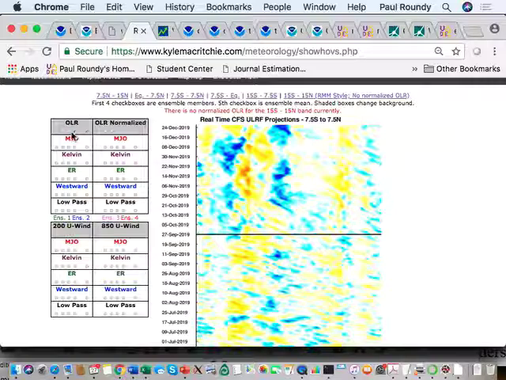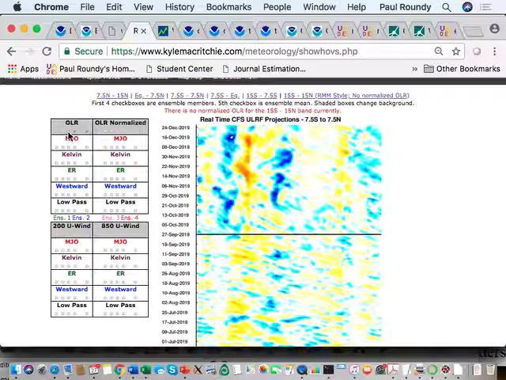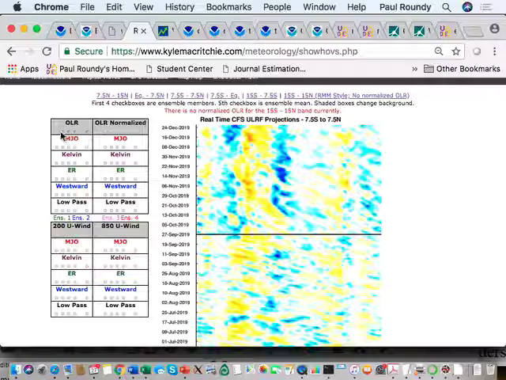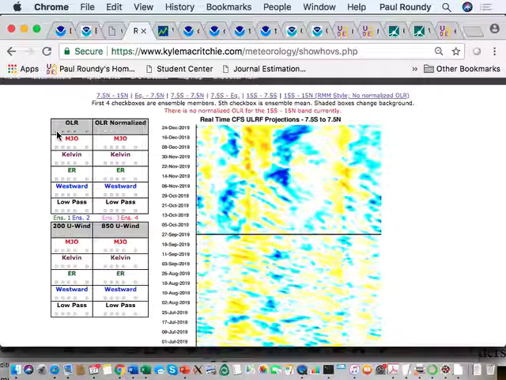If I look at different ensemble members, you can see the variation between them. There's obviously fairly low confidence in the precise timing when the signal arrives back over the Pacific Ocean.